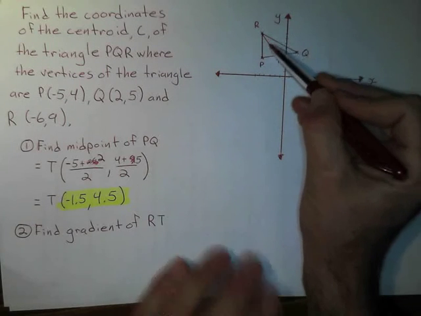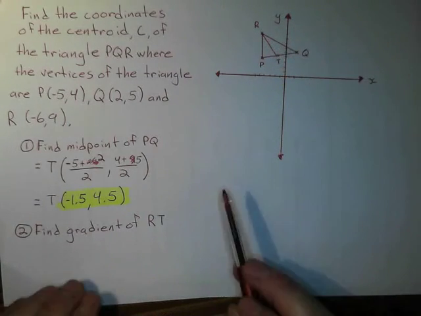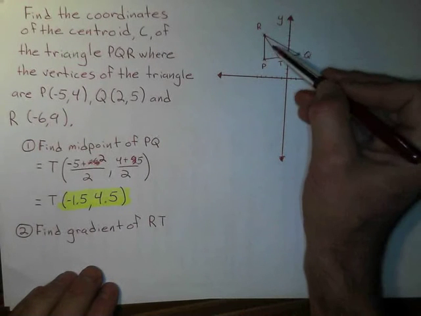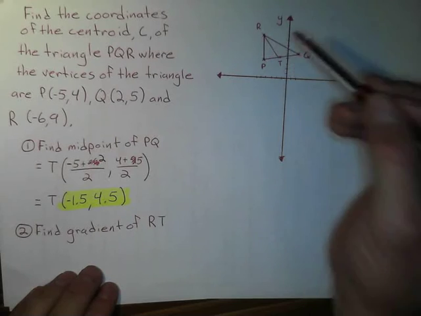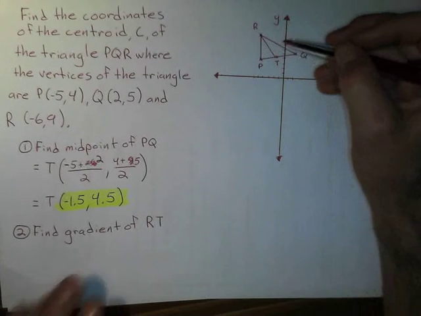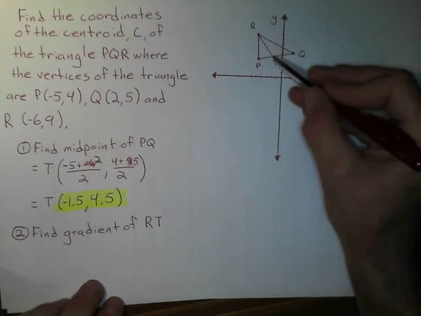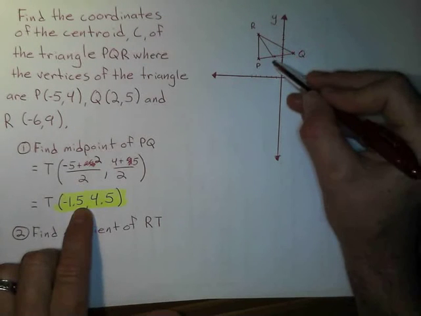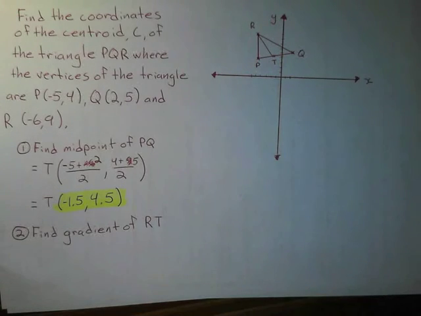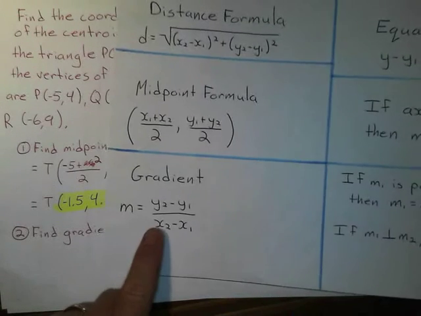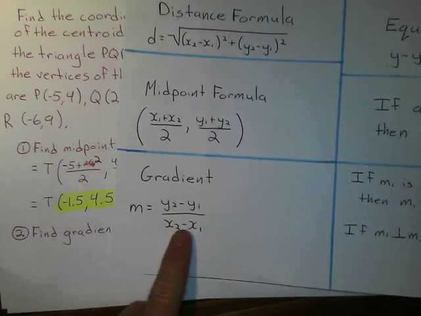The gradient is always change in y over change in x. I'm going to do that with these two coordinates, R and T. Doing change in y over change in x, I get the gradient of this median is -1.